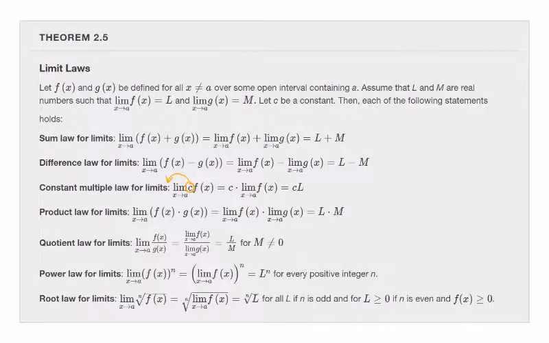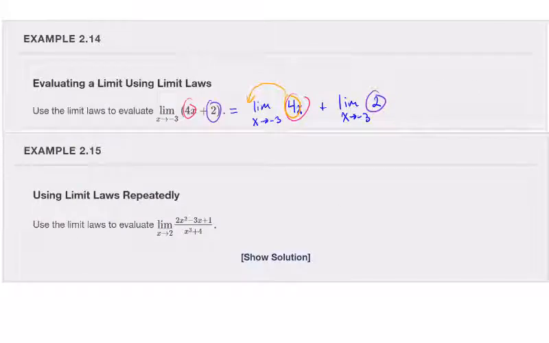So on this next step, I'm going to say 4 times the limit as x approaches -3 of x plus the limit of 2 as x approaches -3.